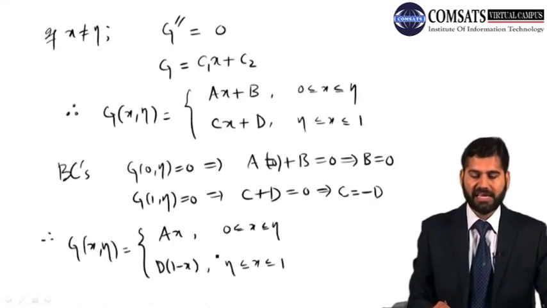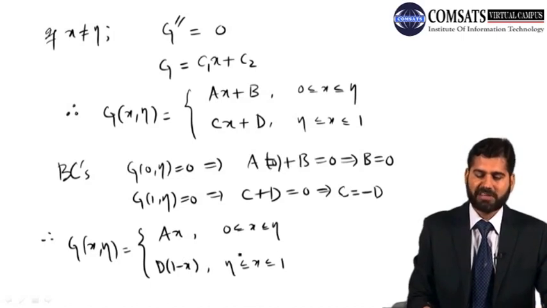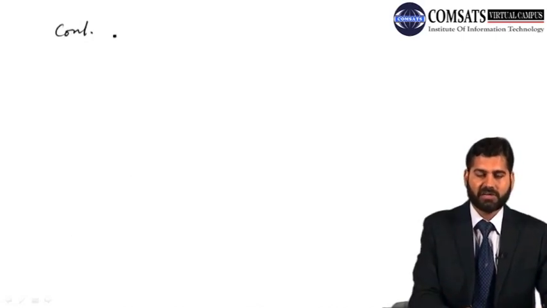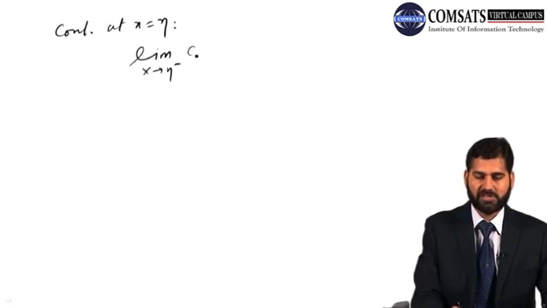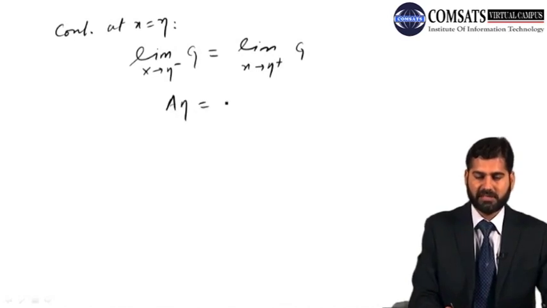Now we use continuity. Again, you see Ax and 1 minus x are continuous functions no matter what. These are polynomials, they are always continuous. So we may have a problem when x is equal to eta. So continuity at x equal to eta gives you limit x goes to eta minus of G equals limit x goes to eta plus of G. The left gives you A eta, and this gives you D times (1 minus eta).